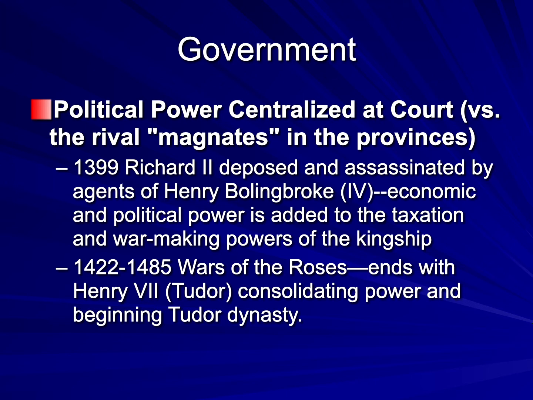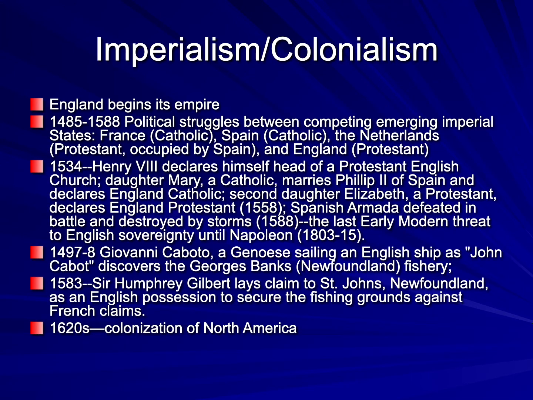And the kingship, the executive, just gets more power. The king has more economic and political power. I mentioned the Wars of the Roses earlier. This will end with more consolidation of power in the monarch.